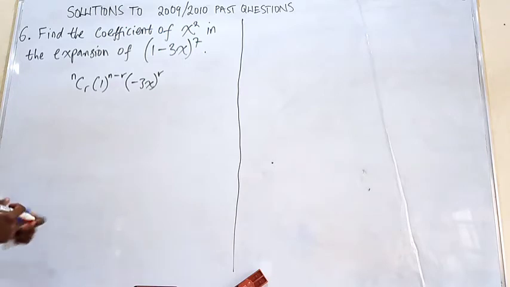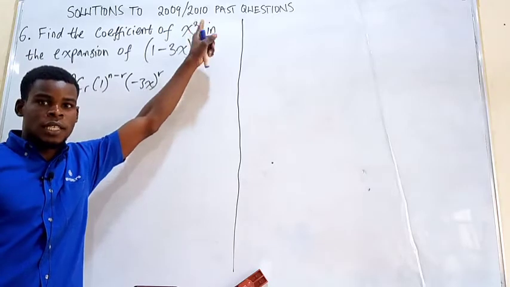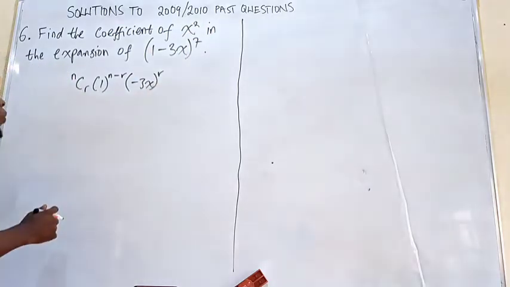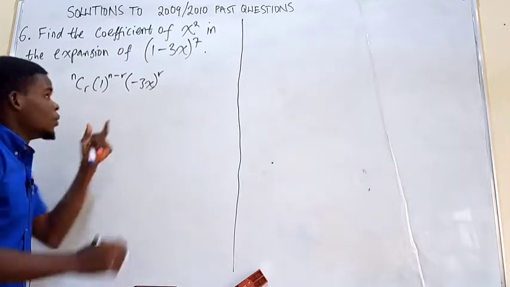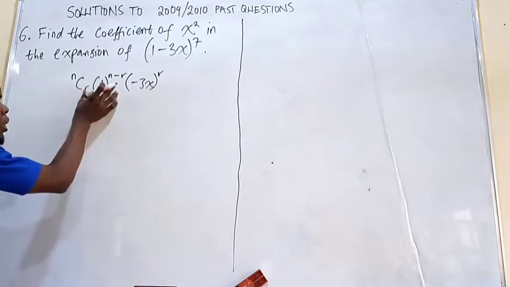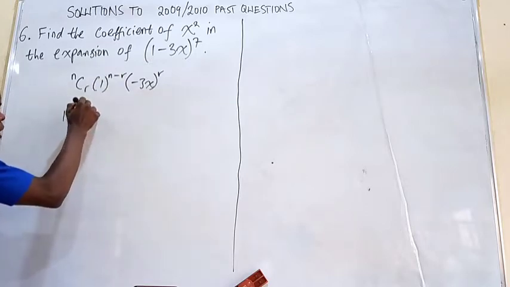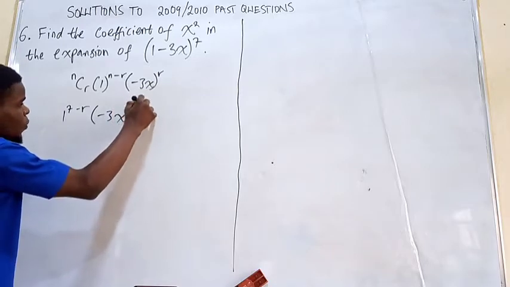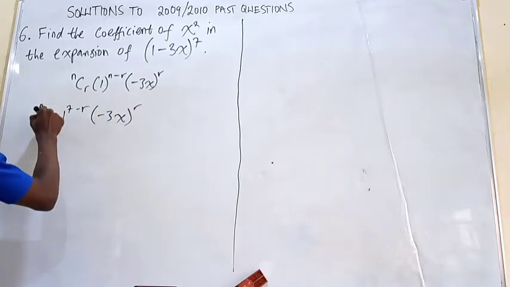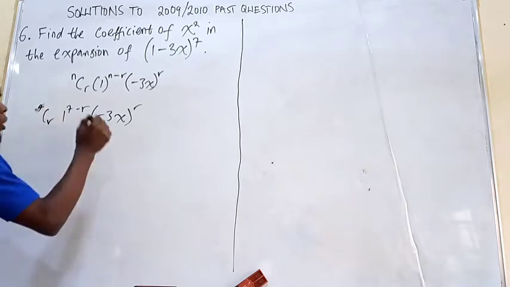So when we want to consider the term with the power 2, that is the term containing x squared, we are going to consider the power of this (r plus 1)th term. That is going to be 1 raised to the power of 7 minus r, and this is negative 3x raised to the power of r. This is 7Cr.